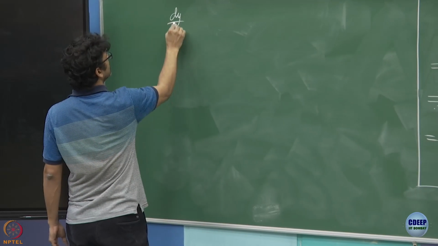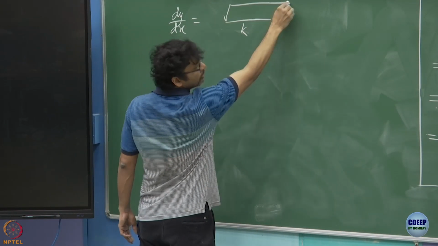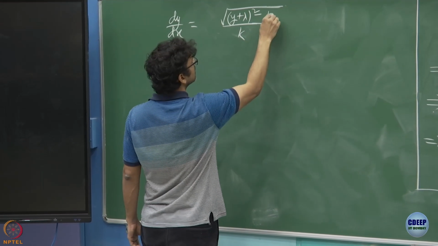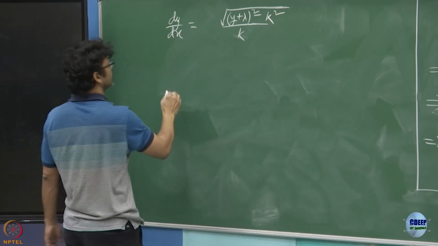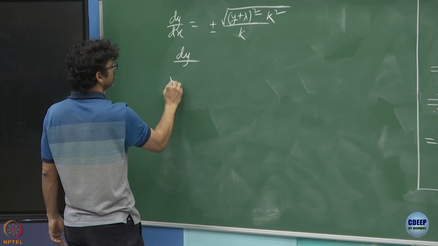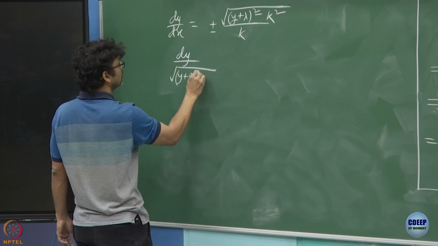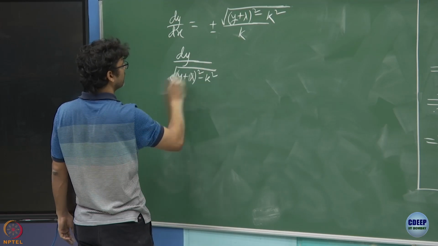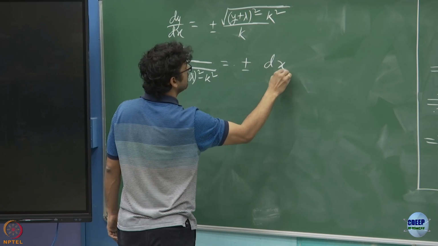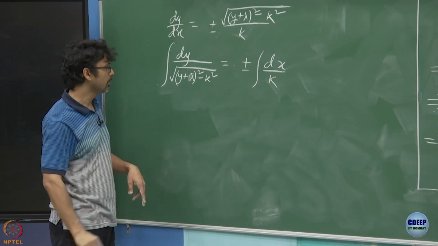So dy/dx is equal to square root of (y plus lambda) whole squared minus k squared, which means, of course, you can take a plus or a minus sign, dy by square root of (y plus lambda) whole squared minus k squared is equal to minus dx over k. What does this imply?